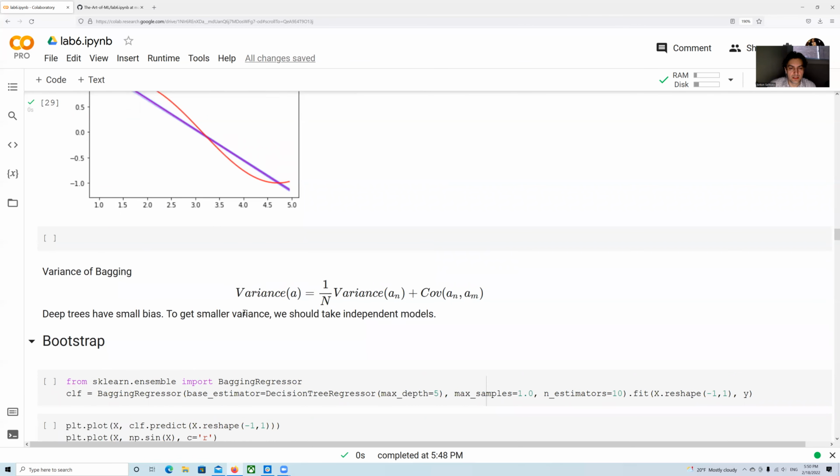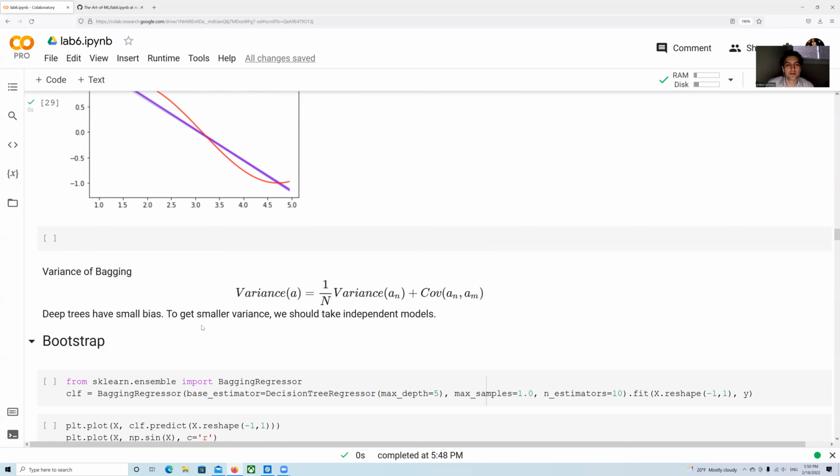To reduce variance, we can aggregate several models, and in that case, we will get variance n times lower than one model, but there will be also another term, covariance, which will be smaller if our models are independent.